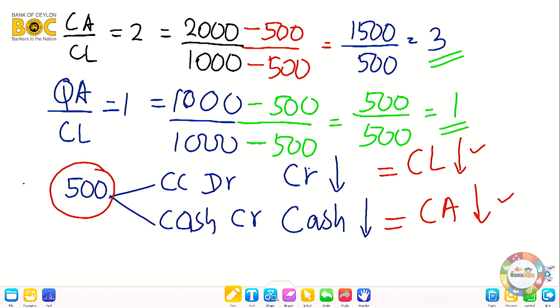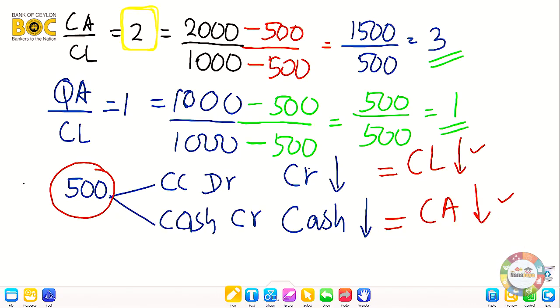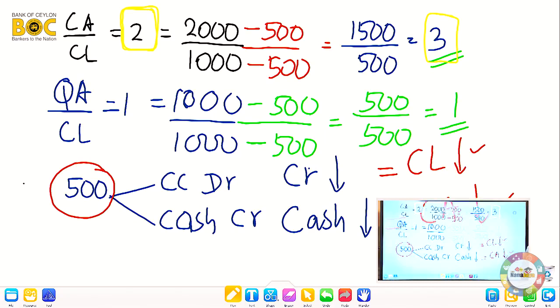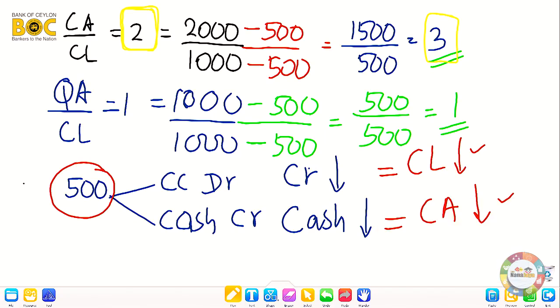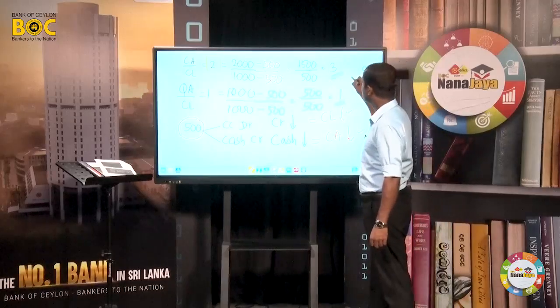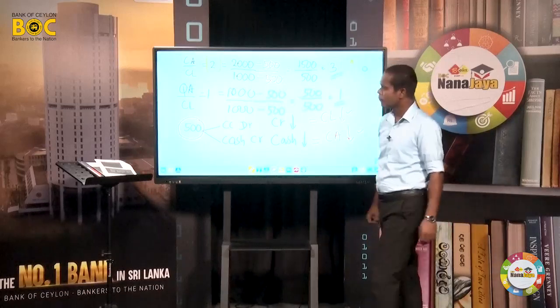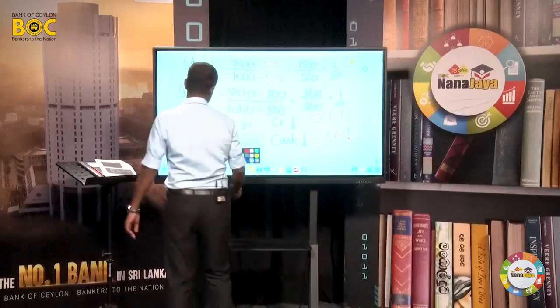Now you can build up your answer. What happened to your current ratio? Earlier it was 2, now it is 3. So the current ratio increased. Take your quick assets ratio.